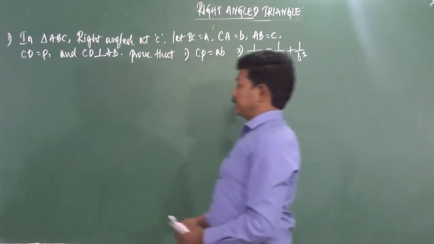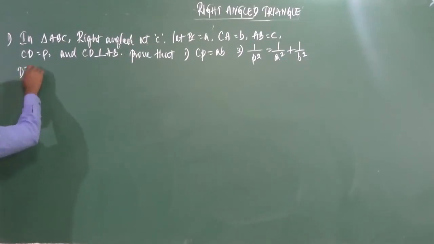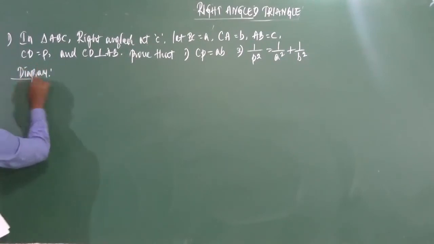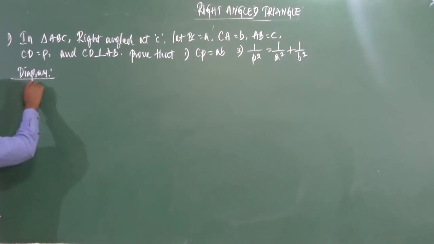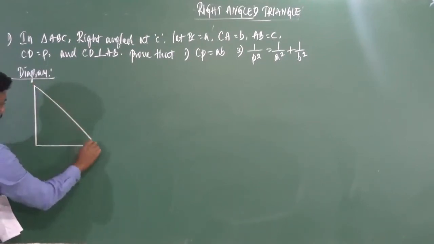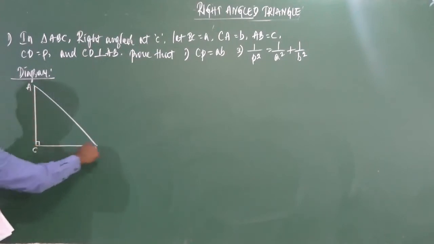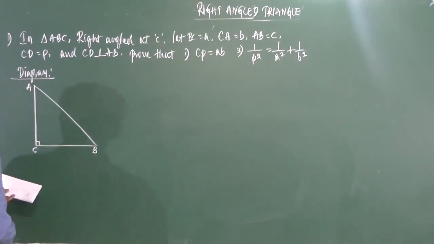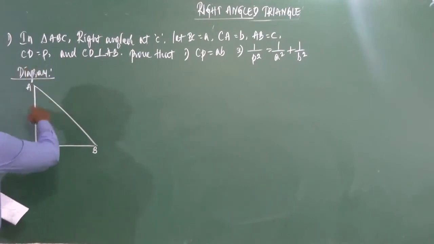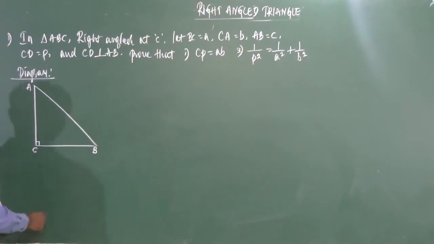So let us go with the diagram. Diagram is given. So this is the right angle triangle, right angled at C. So this is 90 degrees, right angled at C. Now, in triangle ABC, right angle at C, let BC is equal to a.